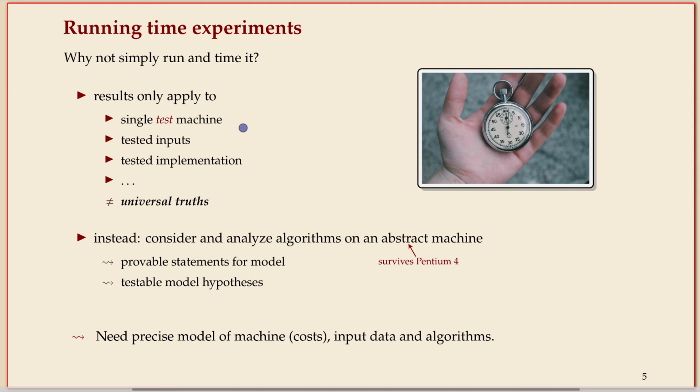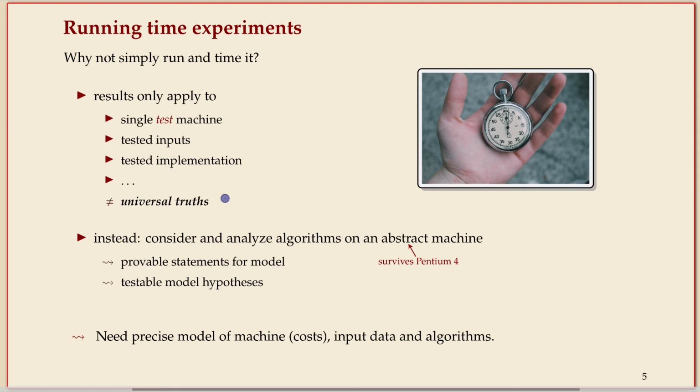Otherwise, you can't get proper test data. That could be a real problem. If you're building a service that gets data from a client, you don't necessarily know what's coming. So all the results you find with running time experiments or running time studies are valid for the machine you tested it on, are valid for the concrete implementation you tested, for the inputs you tested. And all of that might not be what you eventually have.